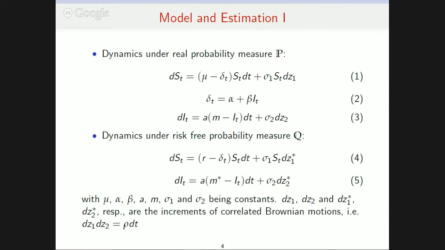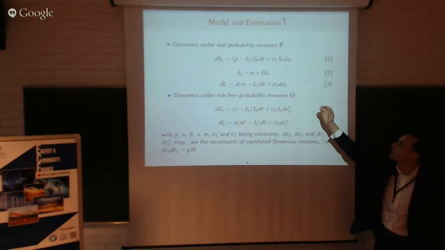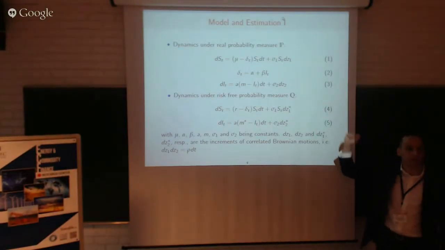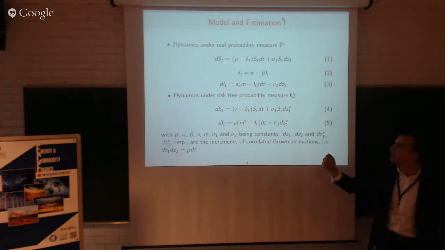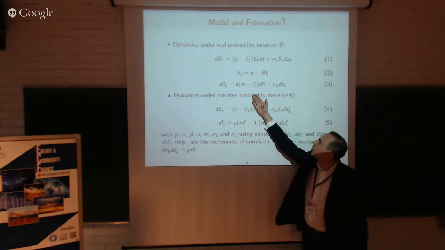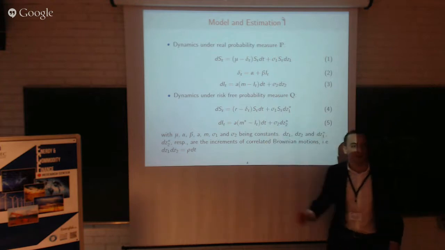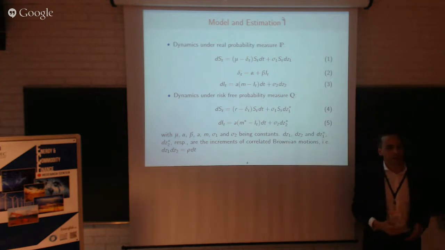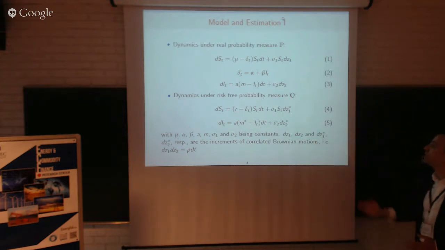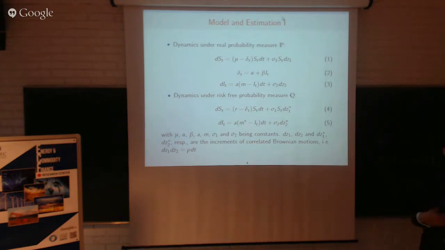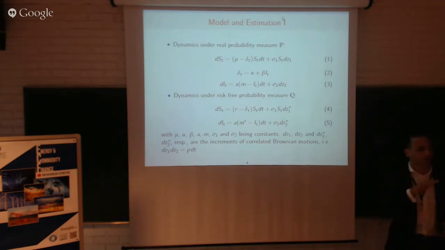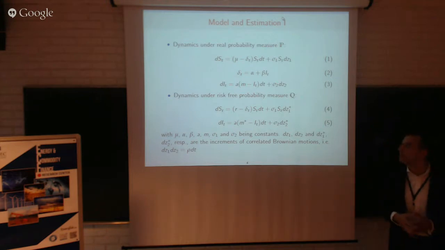We don't model the convenience yield now as a stochastic process, but use the structural dependency between convenience yield and inventories, and model the inventories as a second state variable, using an Ornstein-Uhlenbeck process, which is from our point of view quite suitable because it has these mean reverting properties.